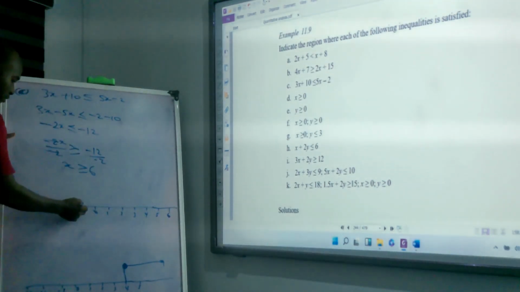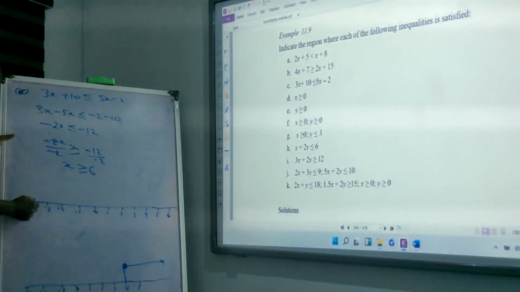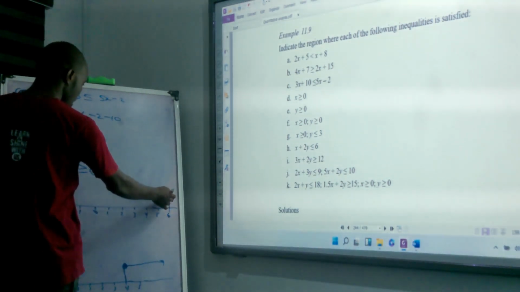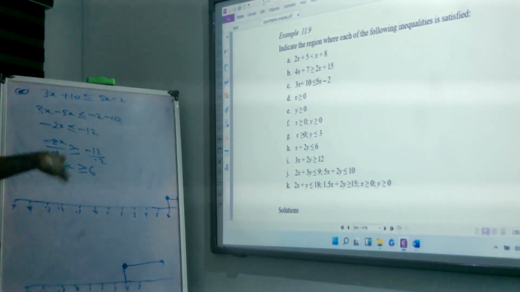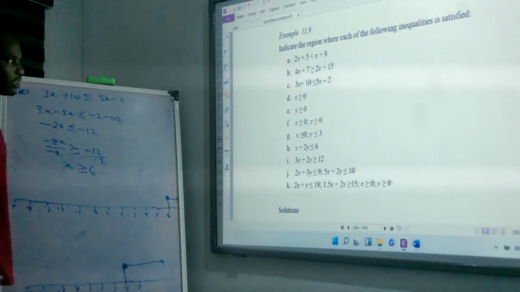Here we have minus 1, minus 2, minus 3, minus 4, minus 5. So we can just stop. So x greater than or equal to 6, and it's included, so it's going to the right. All values to the right: 7, 8, 9, 10, and so on, to make it true. These are the true values. 6 is part of the true values, because 6 is included in the value.